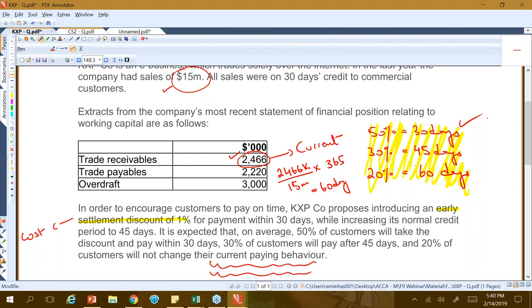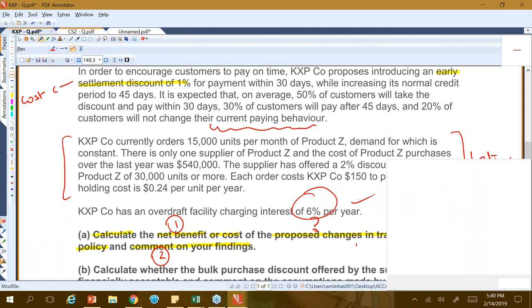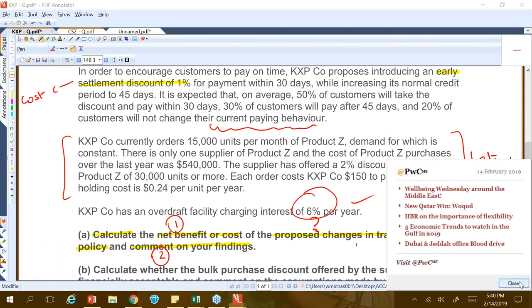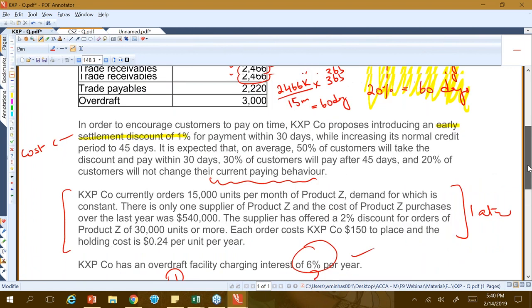We'll come back to this later. KXP has an overdraft facility charging interest at 6% per year. So the overdraft interest rate is 6%. That's it. This is all the information we have on receivables.